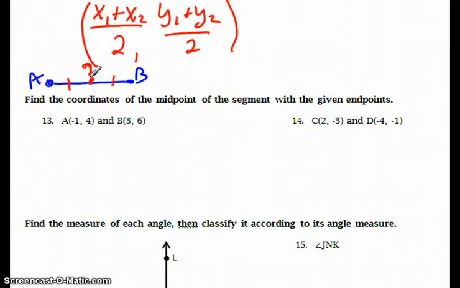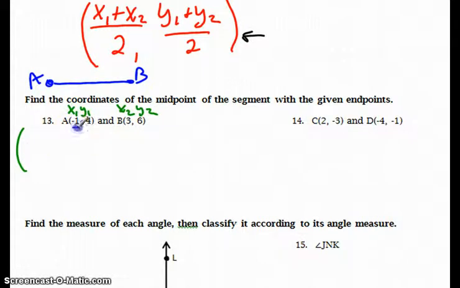So the first thing that I'm going to do is I want to plug in those points into the midpoint formula, which is this formula. Now notice I have x1s and x2s and y1s and y2s, just like before. So your first step is going to be to label your points, just like before, x1, y1, x2, y2, and then fill into the formula.